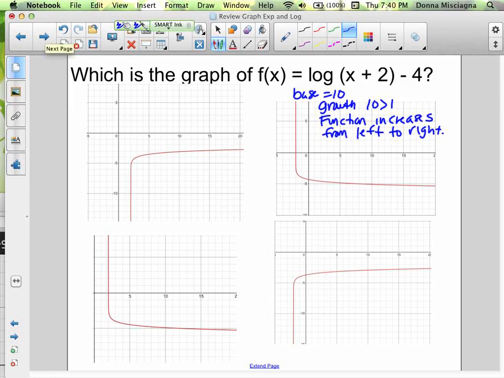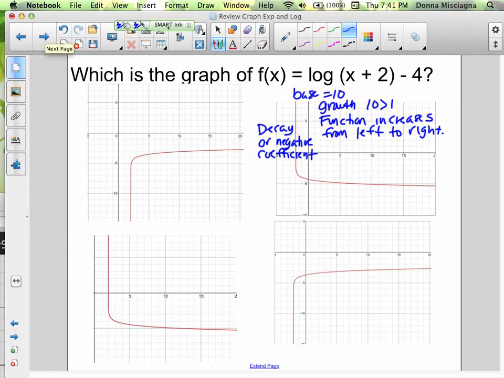Are all our functions increasing from left to right? Sorry, these are a little small, so I could get all 4 of them. Well, notice the one I'm writing right next to is not. This is decay. It's either decay or a negative coefficient, and the effects would be exactly the same.